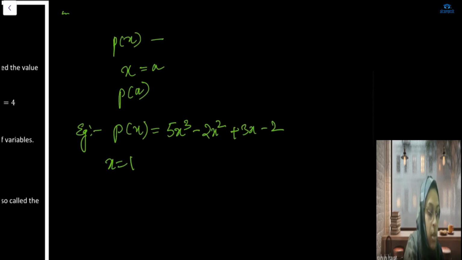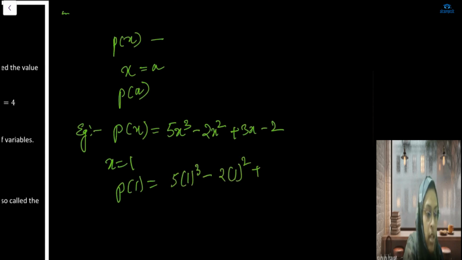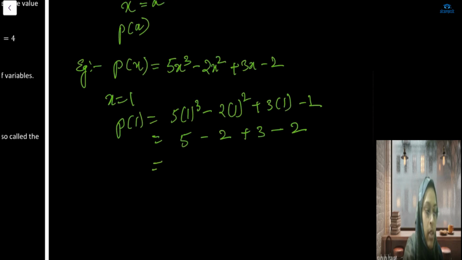So let's put the value here. Instead of x, we put 1: 5 times 1 cubed minus 2 times 1 squared plus 3 times 1 minus 2. So it will give you 5 minus 2 plus 3 minus 2. What are you going to get?